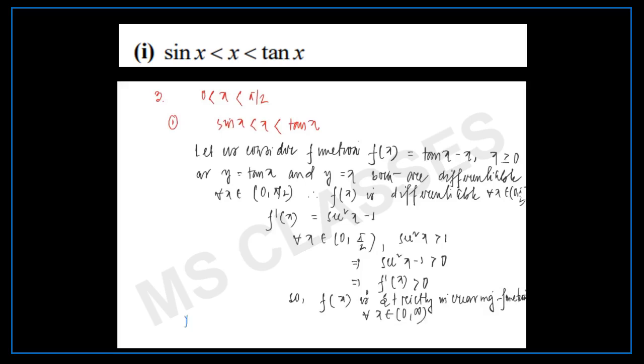Now as f(x) is continuous at x equal to 0, therefore f(x) is strictly increasing for all x belongs to 0, infinity.